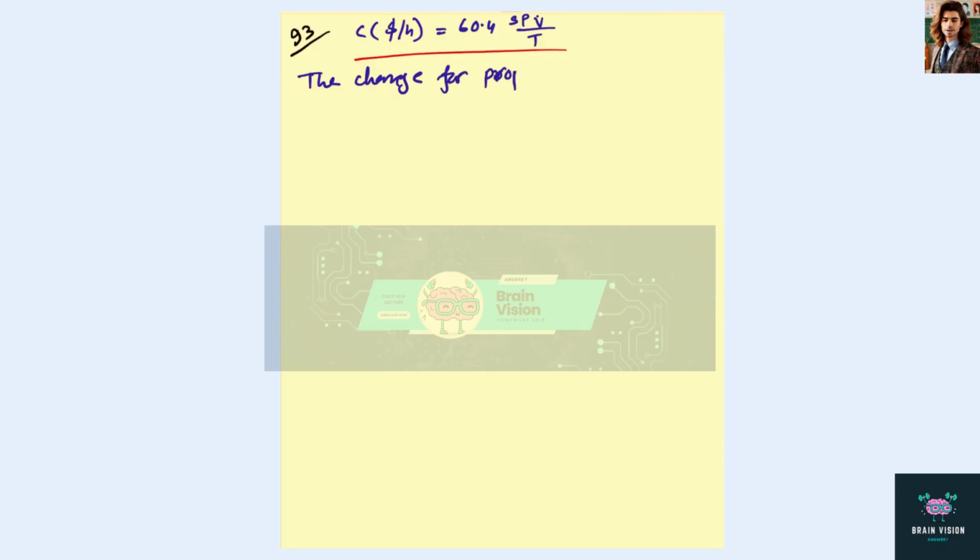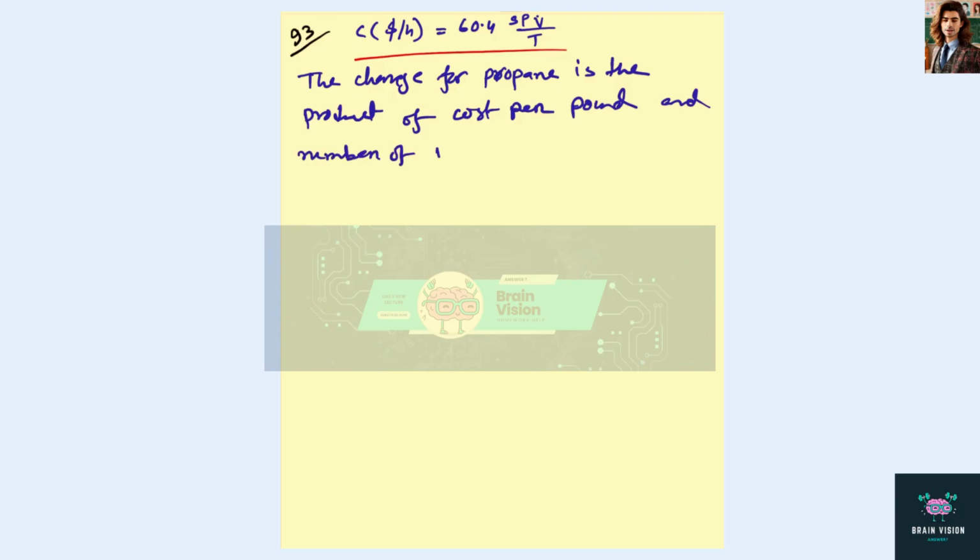The charge for propane is the product of cost per pound and number of pounds per hour.